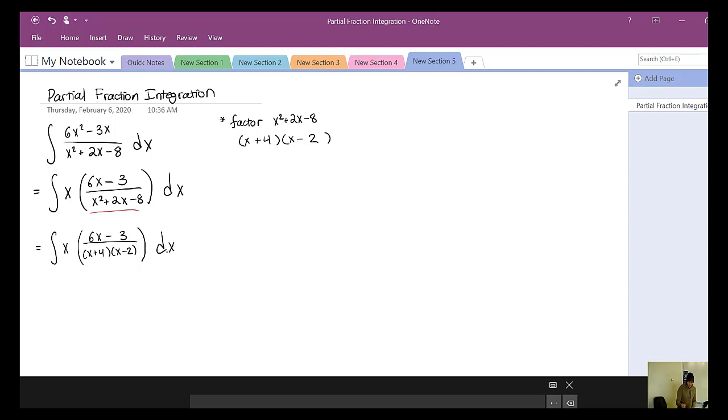So I'm going to say, remember, we always let it equal some variable polynomial over one factor plus some variable polynomial over the other factor.